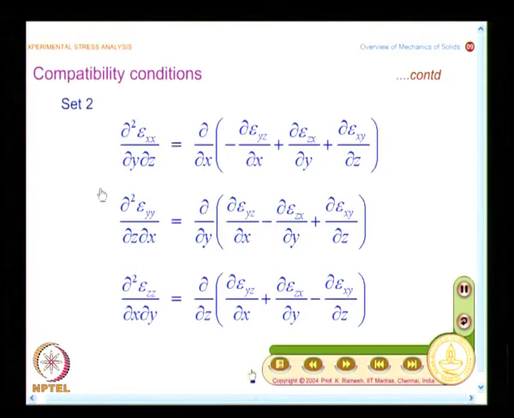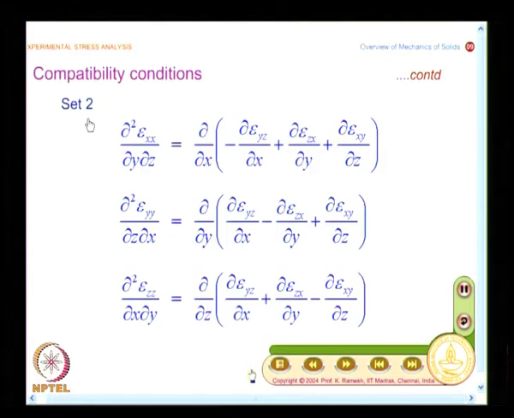The left hand side is only normal strain and right hand side you have only shear strain components. This you must have studied in a course in advanced mechanics of solids. It is nothing new, it is only looking at all the equations just for continuity. And in fact, we were more concerned with set 1 and that is good enough for our discussion.